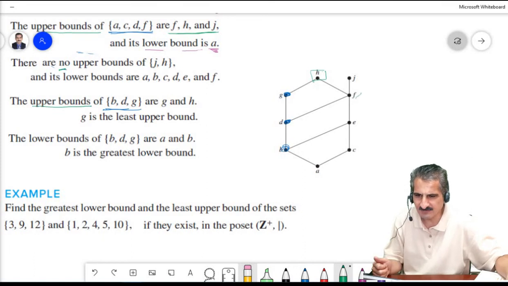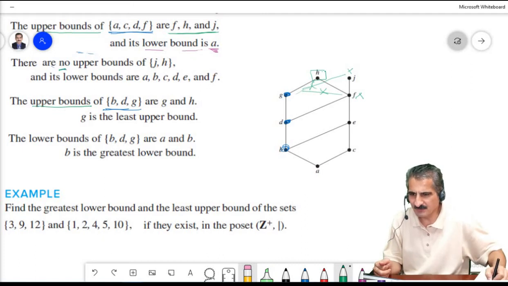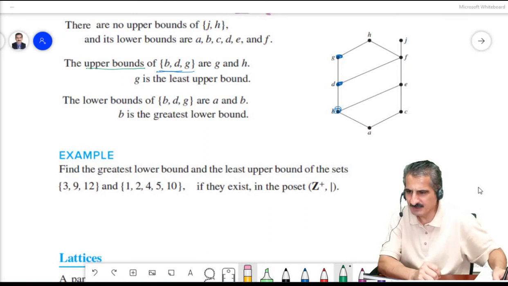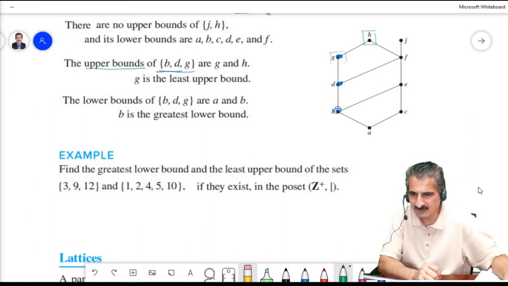We cannot take F because it's not related to G. We cannot take J because it's not related to G. Again, the upper bounds of B, D, and G are H, because it is greater than any other element in B, D, and G, and also G, because it is greater than or equal to any other element in B, D, and G. So these are the upper bounds.